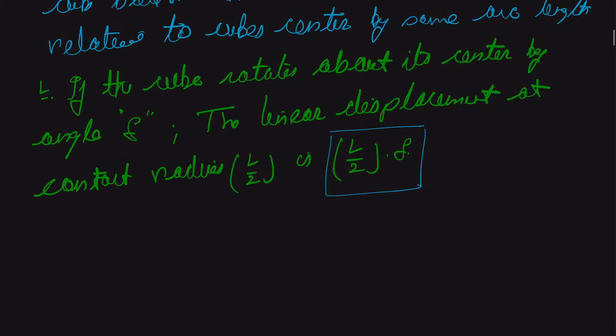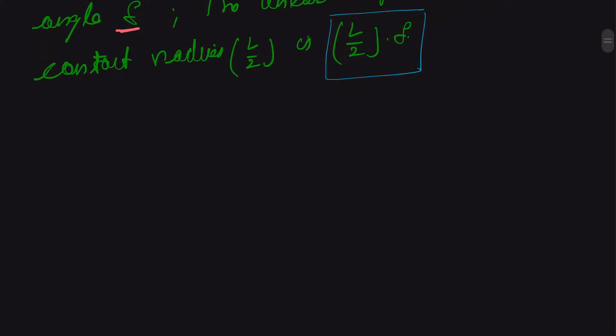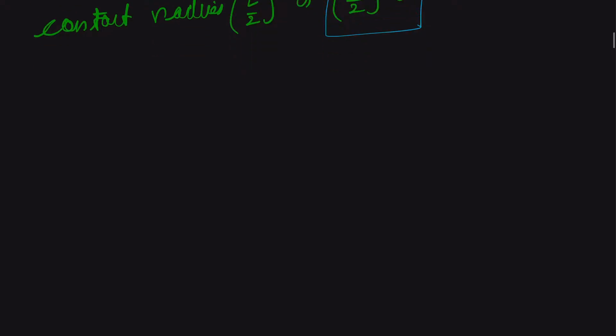So we have to take care that it is rotating about its center and it moves through an angle of delta. Let me draw it here. So this is our cube and this is the center, and if it is rotating about its center, the path that its center is going to follow will be something like this.